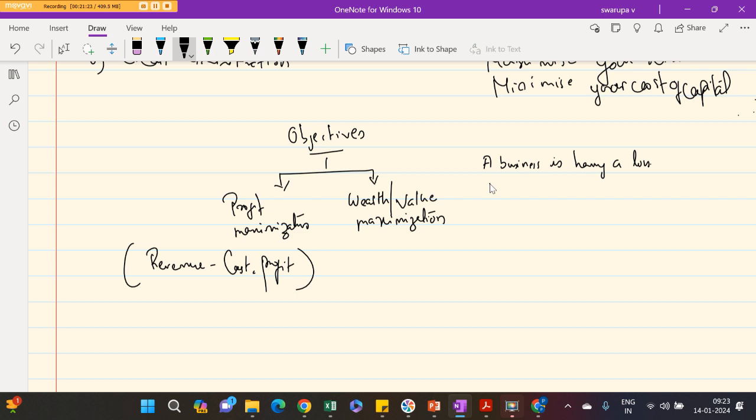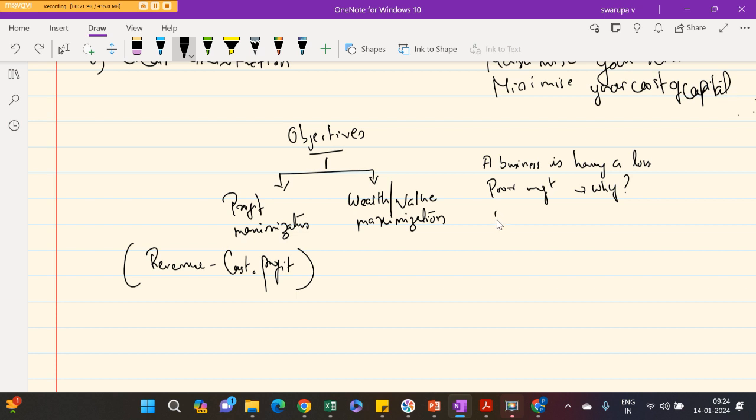Why it is running in loss is because of poor management. The directors are not working properly. There is poor management. They are not interested in the company, because of which the business is running in loss.